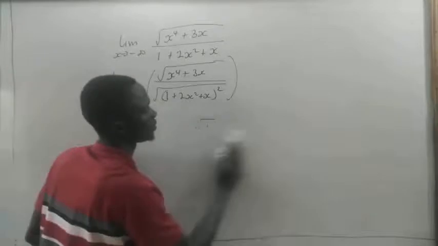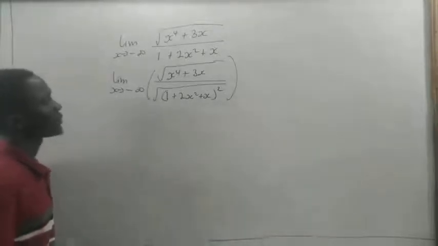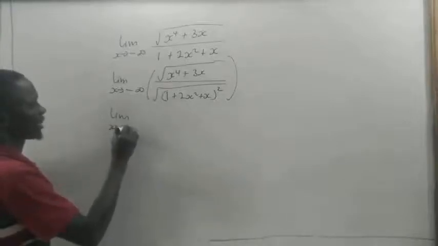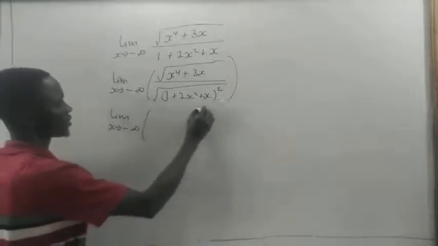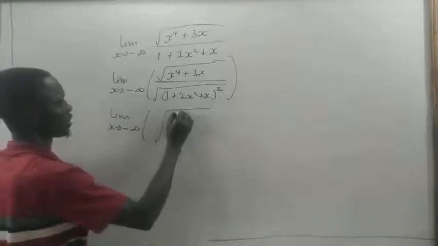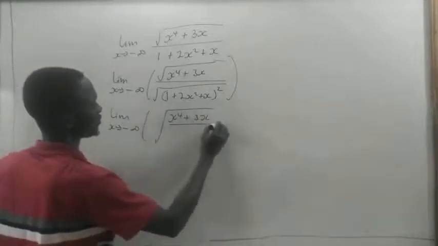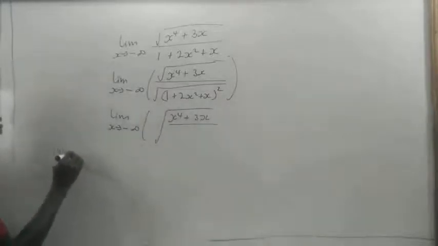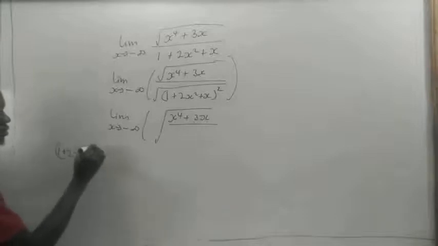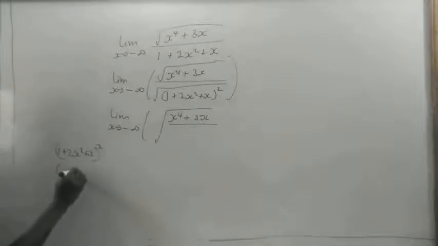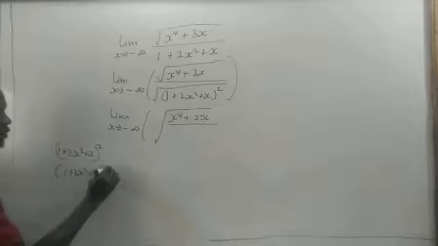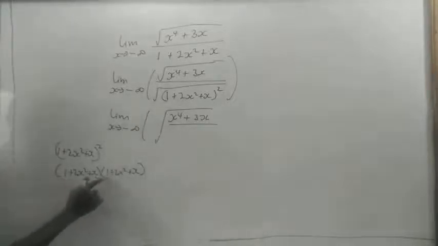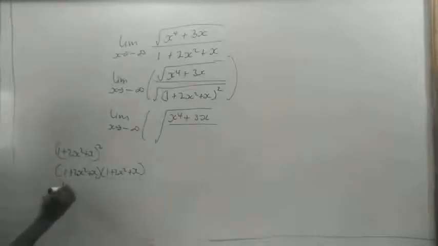Now, this is the same as the limit as x approaches negative infinity of square root of x to the power 4 plus 3x divided by, let us expand what we have here. 1 plus 2x squared plus x all squared is the same as 1 plus 2x squared plus x times 1 plus 2x squared plus x. 1 times 1 is 1. 1 times the whole of this will give us the same thing.